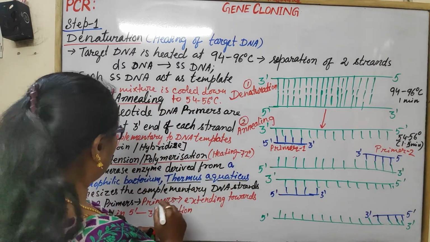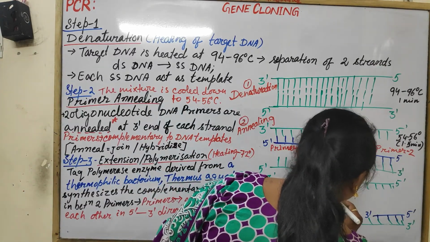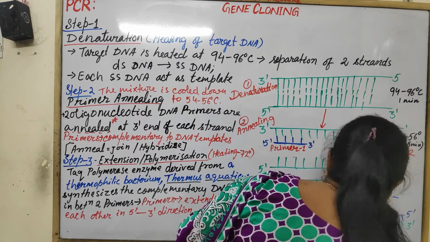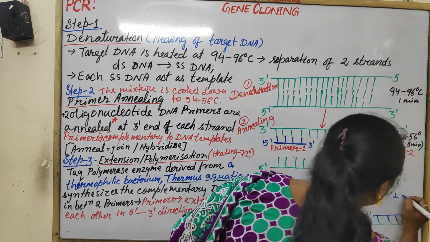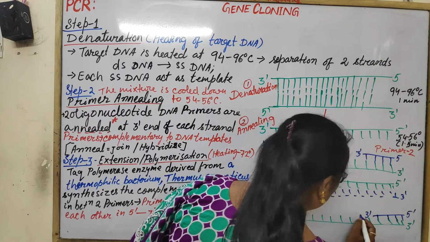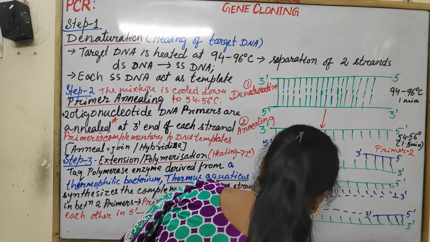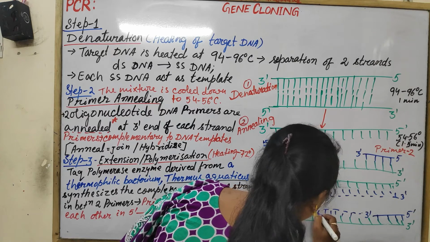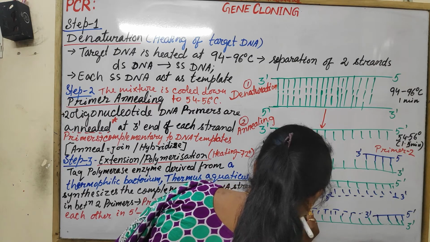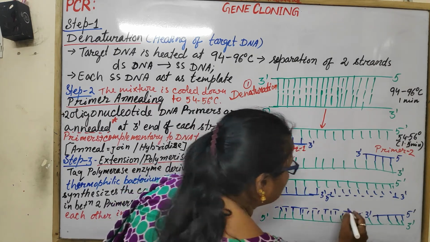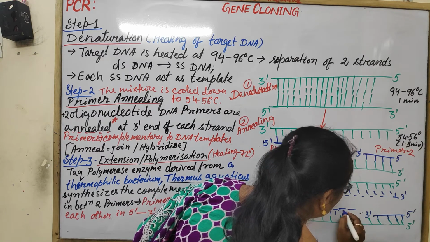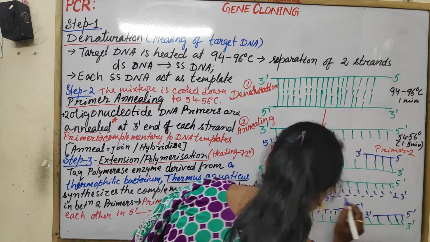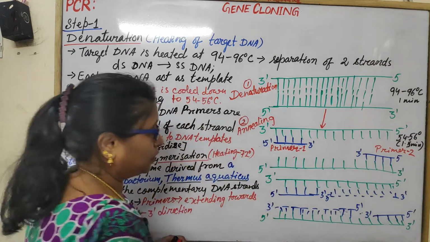So how does extension occur? You see, this is the extension, done in the direction 5 prime to 3 prime.